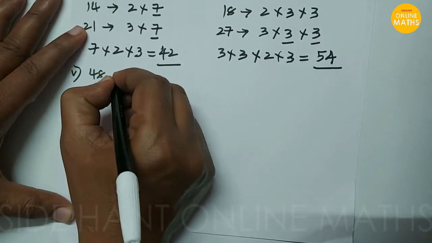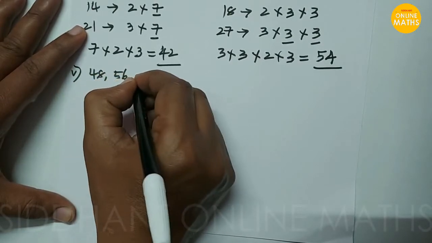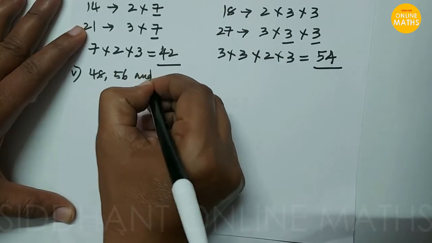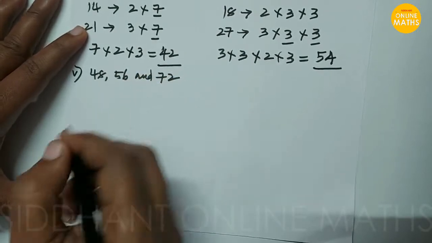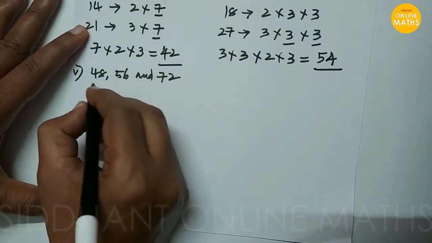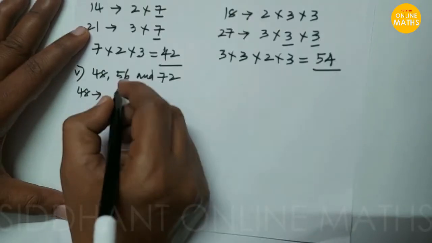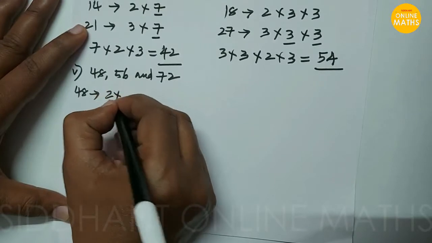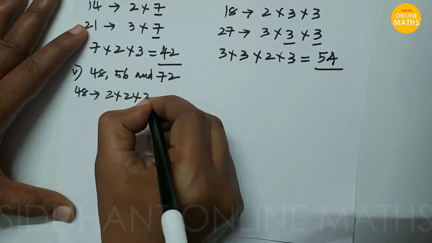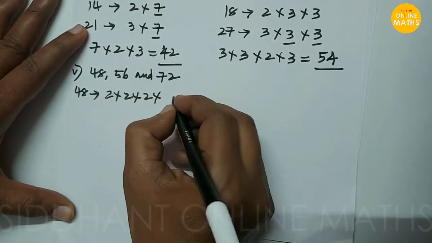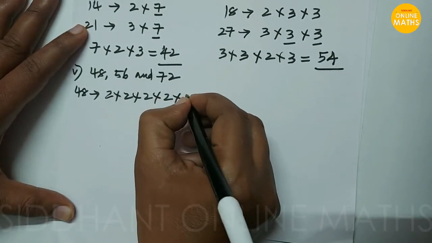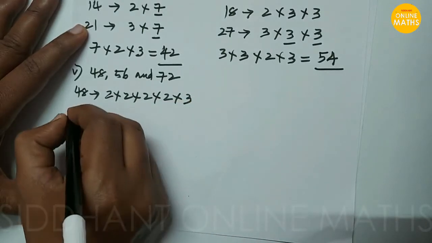Next, 48, 56 and 72. Now for 48 the prime factorization is 2 into 2 into 2 into 2 into 3.